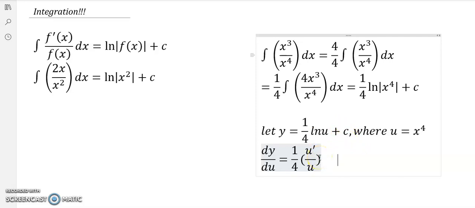Therefore, we're gonna have 1 over 4 into the derivative of this one, because here we have the derivative of u.